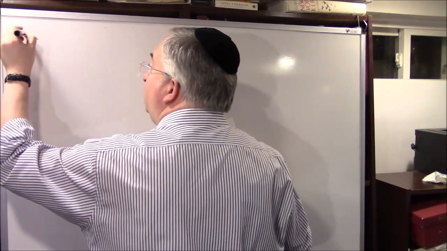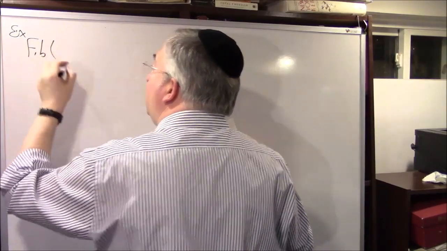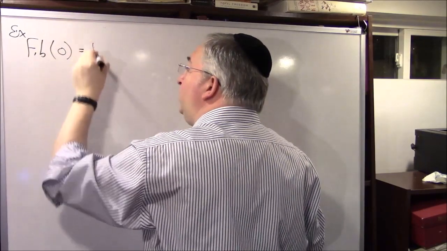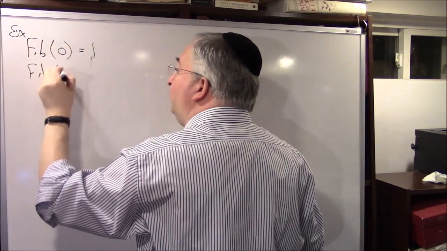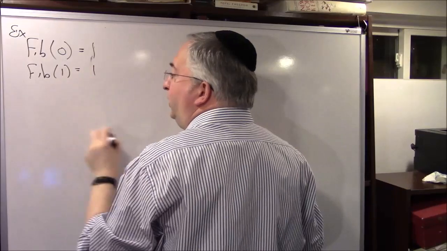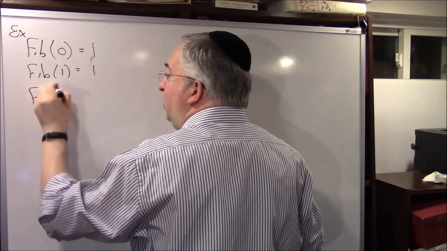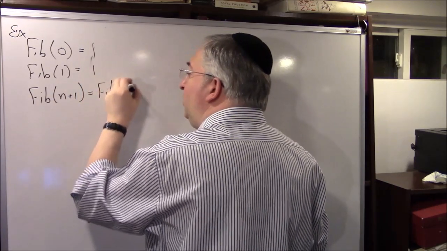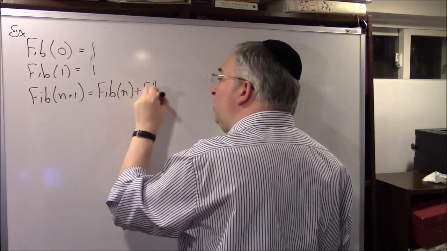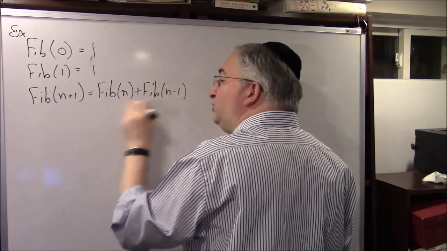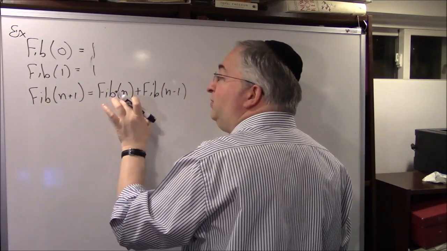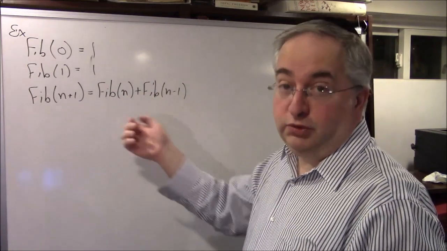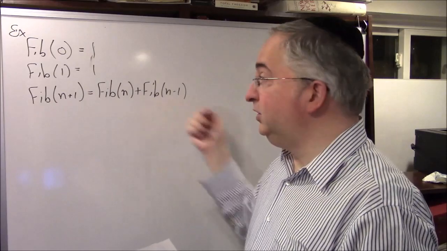This is another example. Fibonacci of 0 is equal to 1. Fibonacci of 1 is equal to 1. And then finally, Fibonacci of n plus 1 is equal to Fibonacci of n plus Fibonacci of n minus 1. This is what I was talking about. N plus 1 is determined by earlier values, not just an earlier value, which we had before, but earlier values. Just like that.